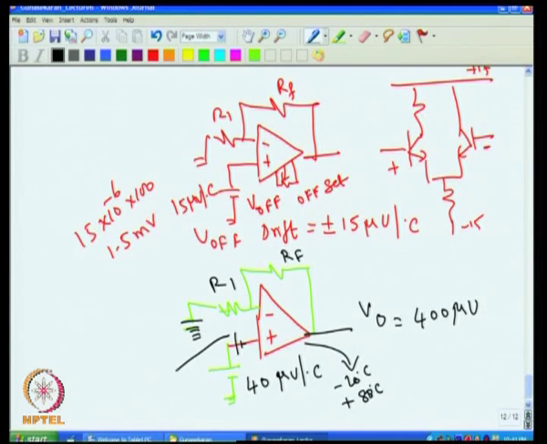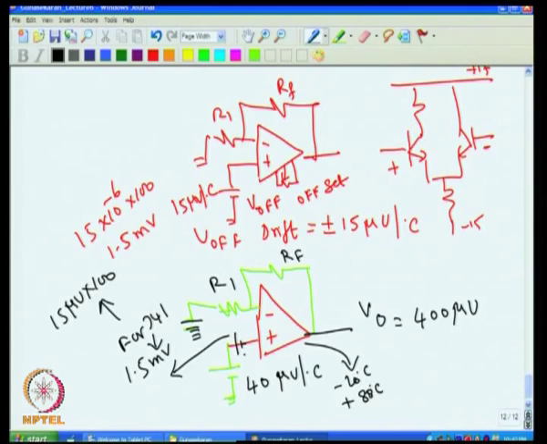This offset voltage can now be 1.5 millivolt, because for a 741 the drift, as I said, is 15 microvolt per degree C. So for 100 degree C that turns out to be 1.5 millivolt. That means this 1.5 millivolt can appear depending upon the piece.